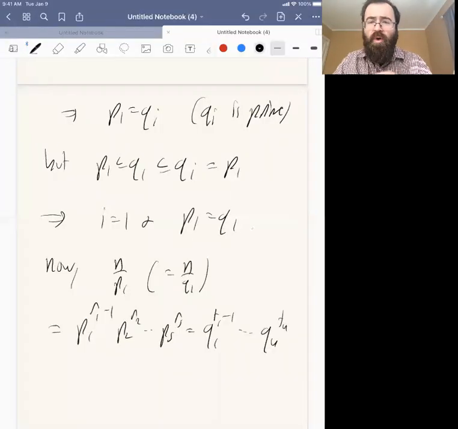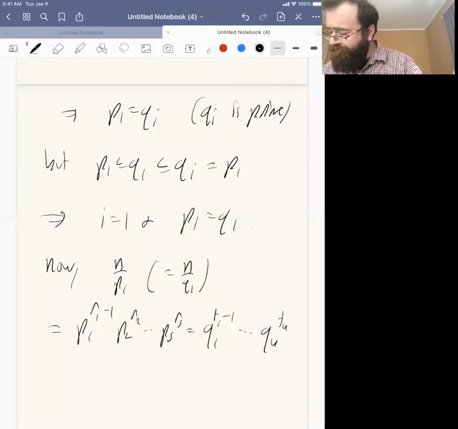Okay, so what we have is an equality between the p's and the q's with one of the powers lowered. Okay, but n over p1 equals n over q1 is a smaller number than n. It's a natural number because p1 divides n, and it's strictly smaller than n. So by induction, we get the result.